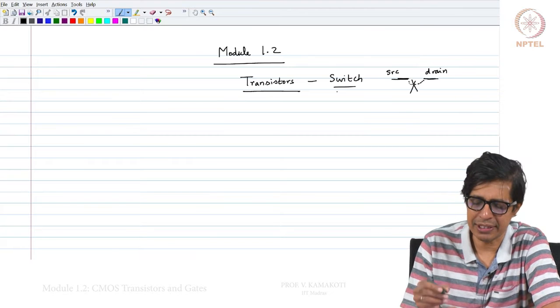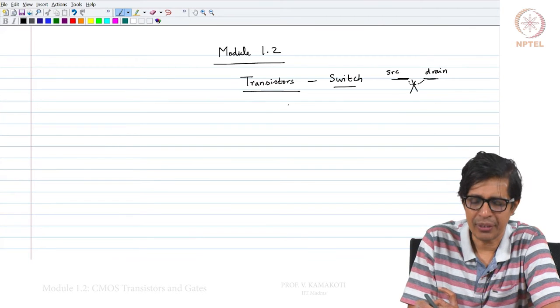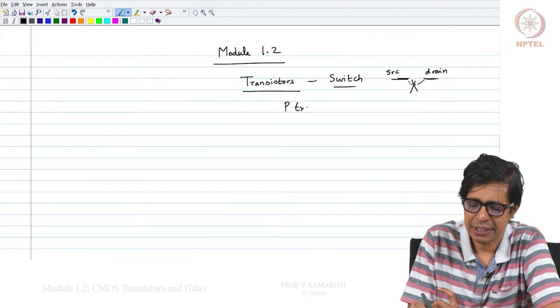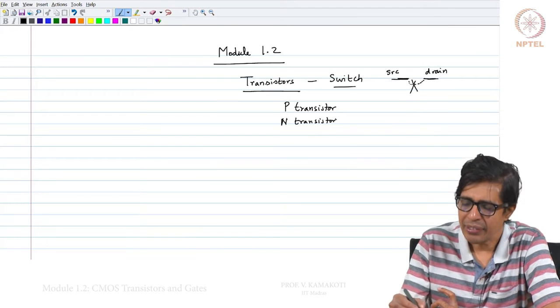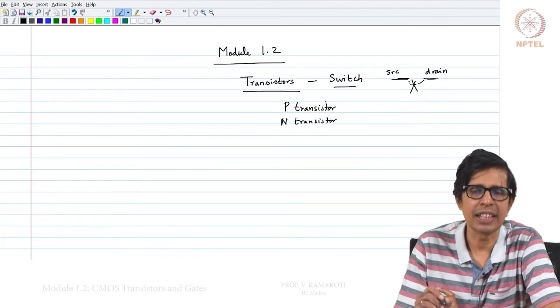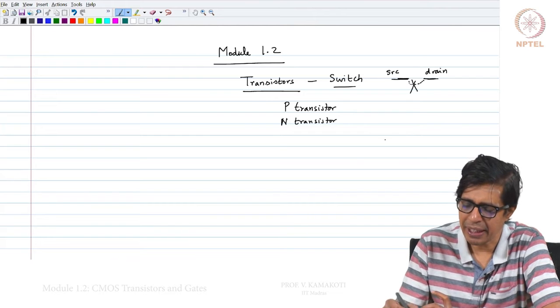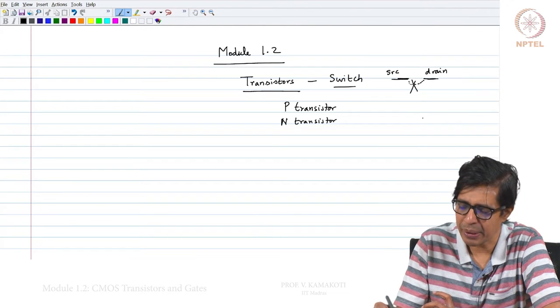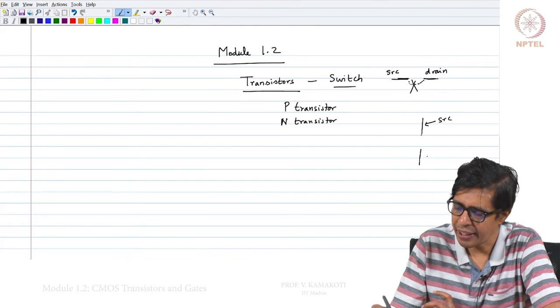There are two types of transistors. One is called a P transistor and another is called an N transistor. As we had mentioned, since the transistor is a switch, the P transistor is symbolically represented like this, where there is a source, there is a drain and there is a gate.